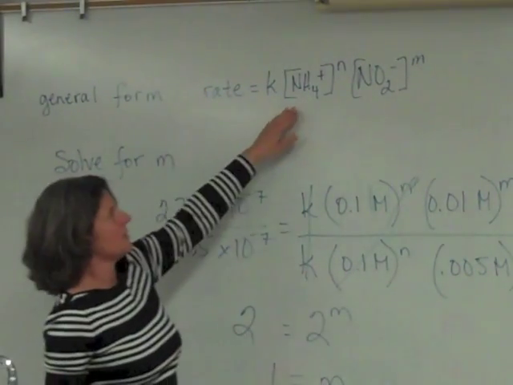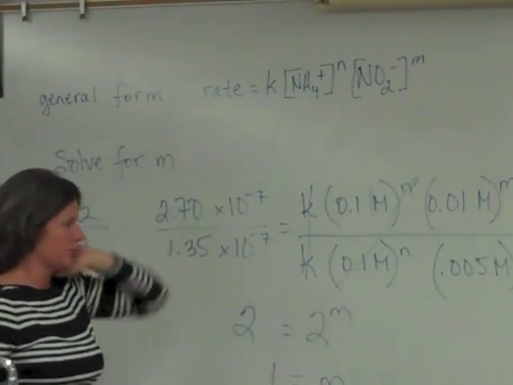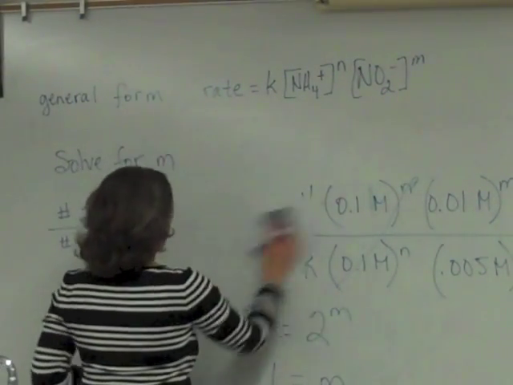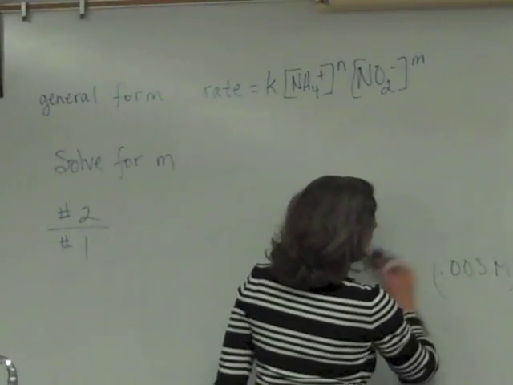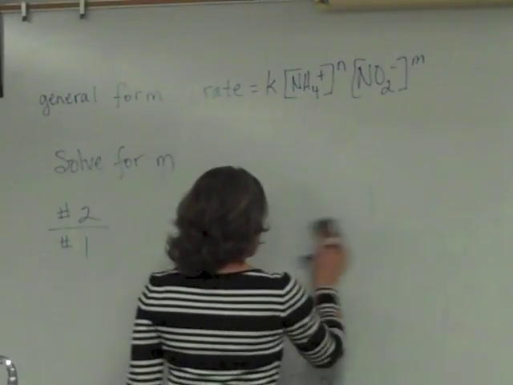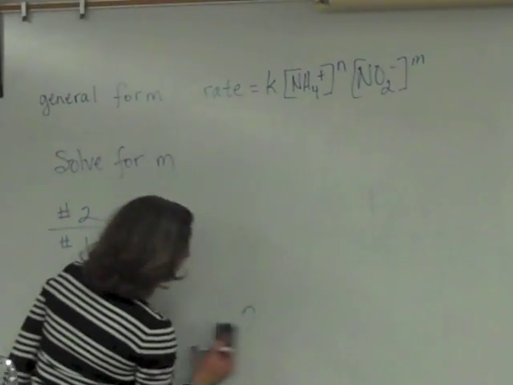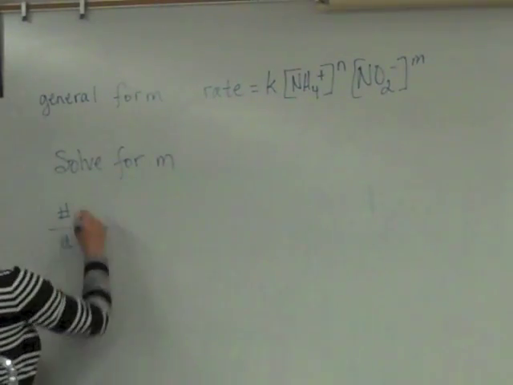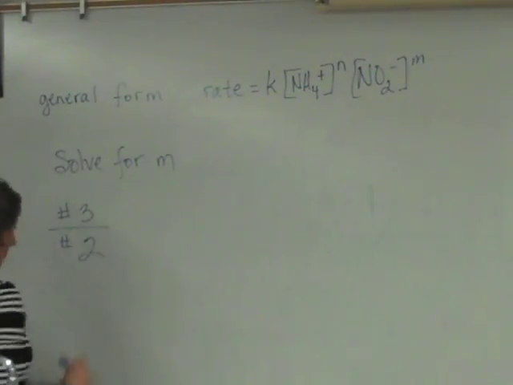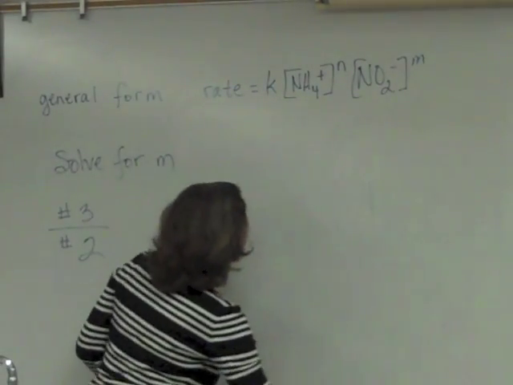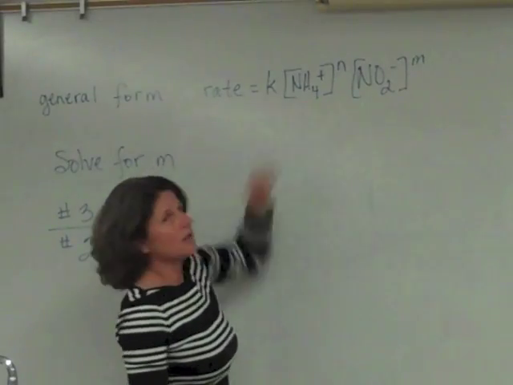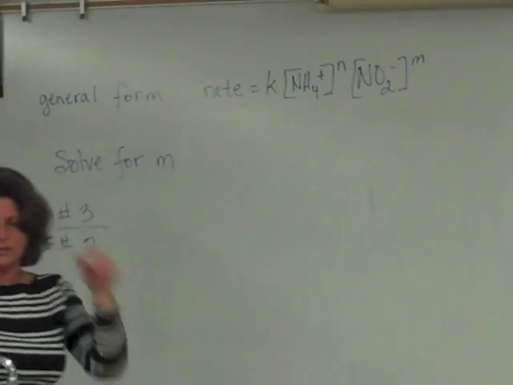Now we need to do the same thing with ammonium. But instead of it being experiment number 1 and number 2, which ones are we going to use? We're going to use experiments 3 and 2, because in 3 and 2, the nitrite stays the same, and the ammonium varies.